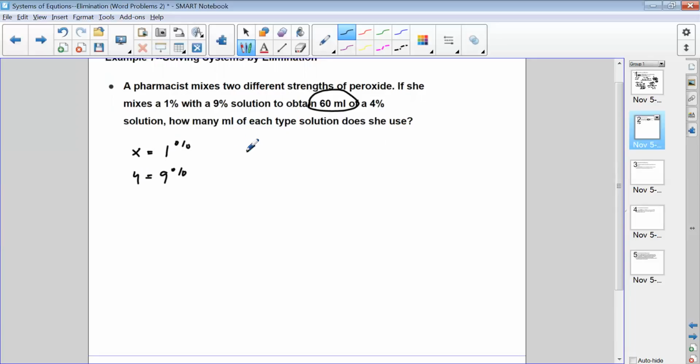So we know we're going to have so many milliliters of the 1%, so many milliliters of the 9%, and that's going to give us the 60 milliliters. And whatever we find, how many milliliters of 1% plus how many at 9% should be the 4% of the 60.